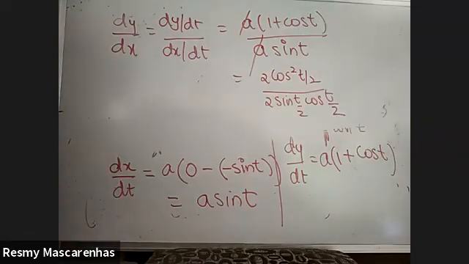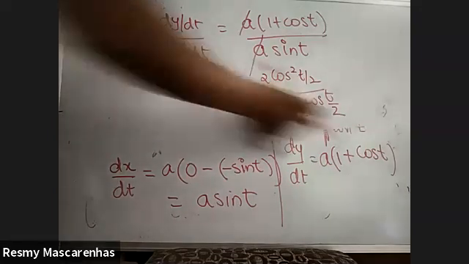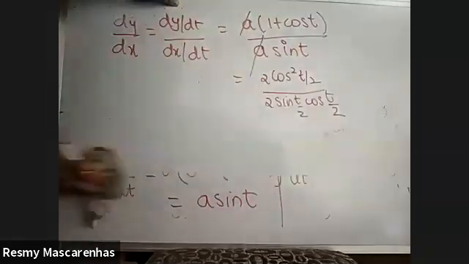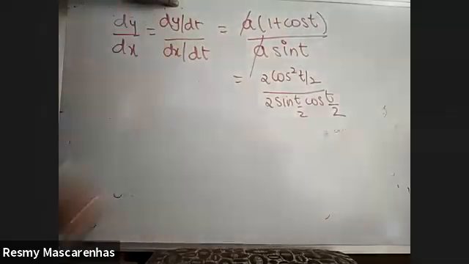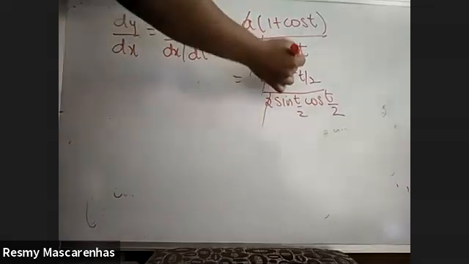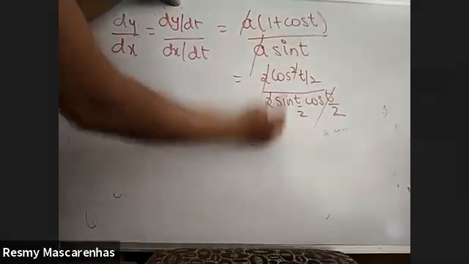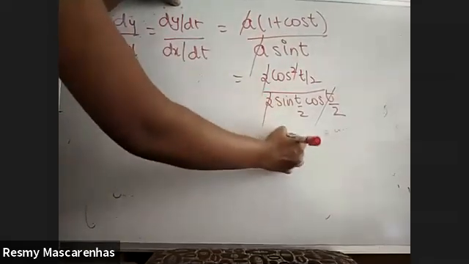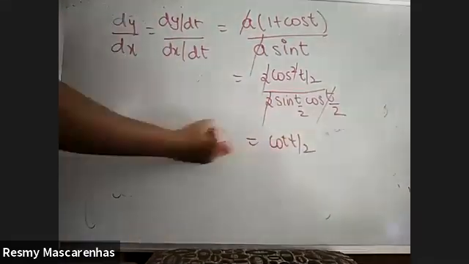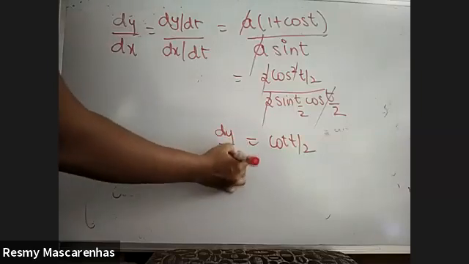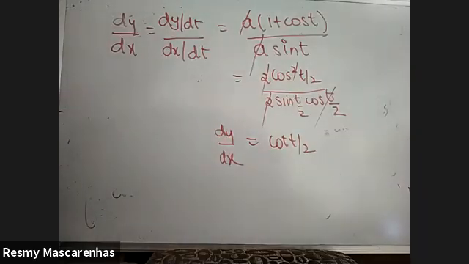Every chapter, somewhere or the other, it will come up. So 2 and 2 will cancel. 1 cos will cancel. So cos upon sine will remain, which is nothing but cot t upon 2. So this is what you have been expected. So first part you have proved dy by dx is equal to cot t upon 2.